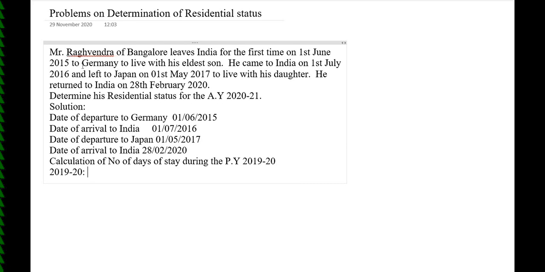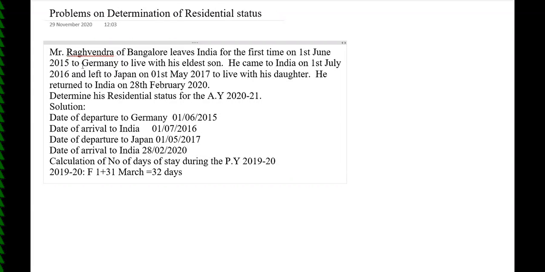So here he was not there at the beginning of the previous year. So he came from Japan to India on 28th February 2020. So in February he stays in India for 1 day, then 31 days during March. His total number of days of stay will be 32 days. Only he will be staying in India for 32 days.